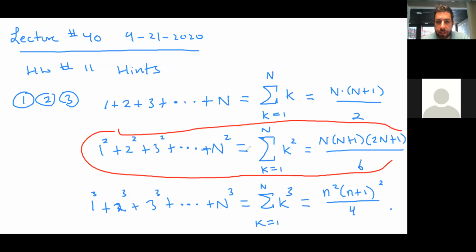These are algebraic sums. You could have learned these sums in an algebra class. The only reason we're bringing them up right now is because they're useful when we do integration. But these things have nothing to do with taking a derivative like we were doing earlier this semester. So I'm using the English words derivative and derivation in two different contexts. So that might be part of the confusion.